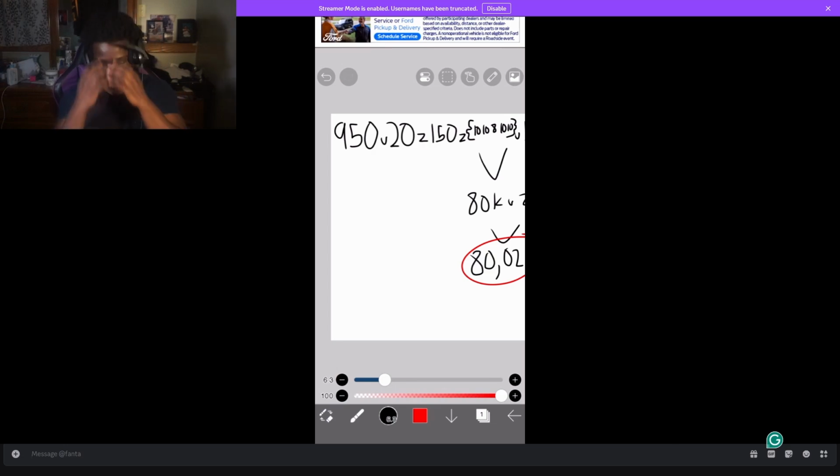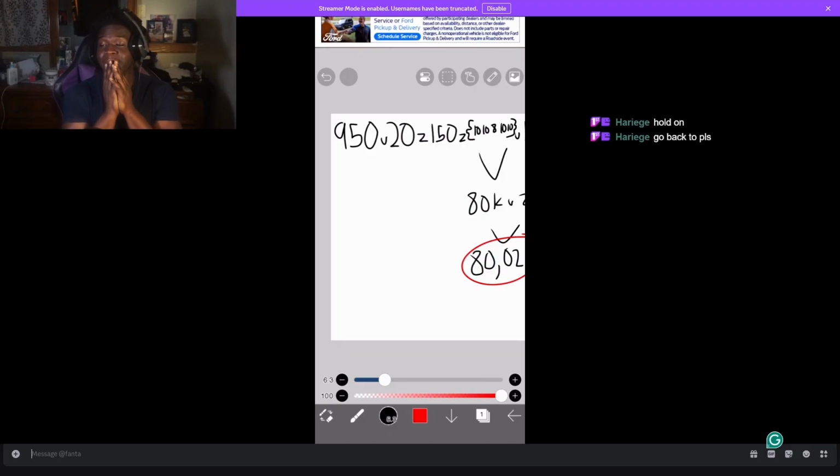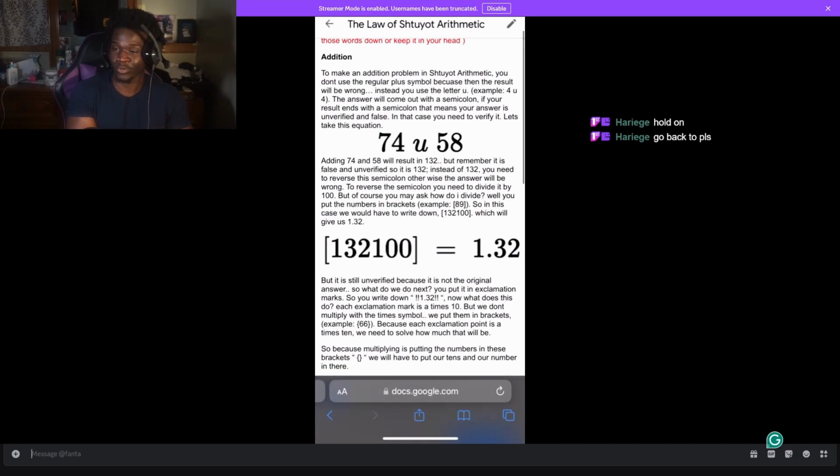Yeah, I need to be solving this 950 plus 20 subtracted by 150. He said, "Hold on, go back, please. Go back for like 10 seconds if you can. Screenshot it if you need to." Yo, this is crazy, bro.